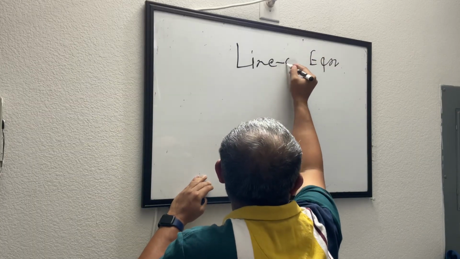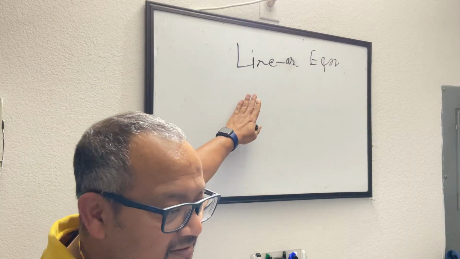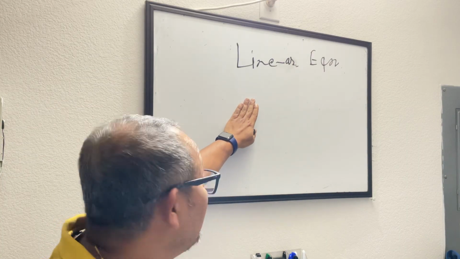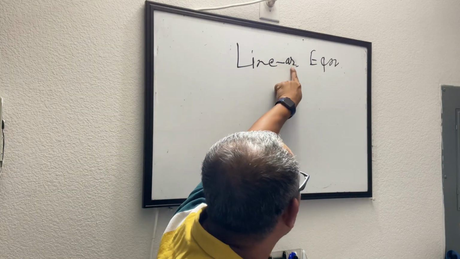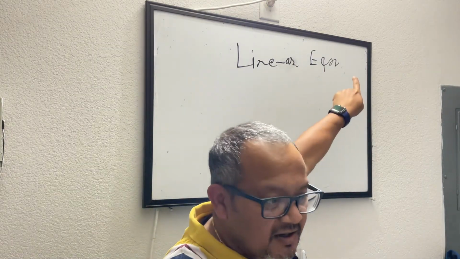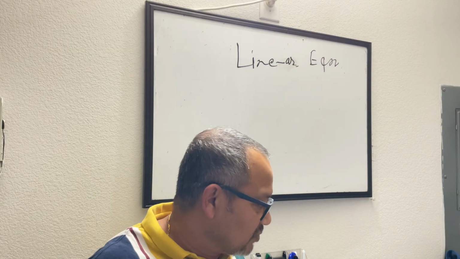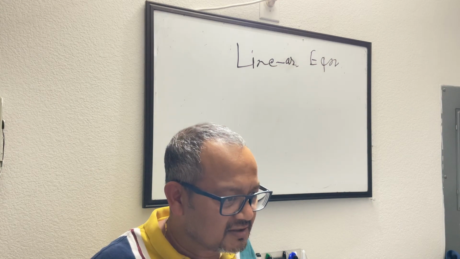Let me break this linear equation. Linear line and then I put a hyphen, then equation. Any equation that helps you draw a straight line is what is called a linear equation. Does that make sense?